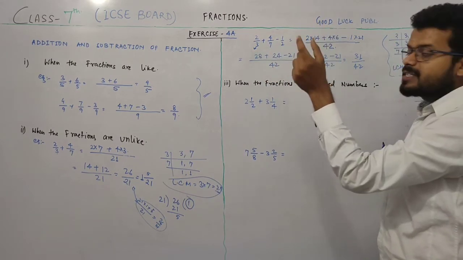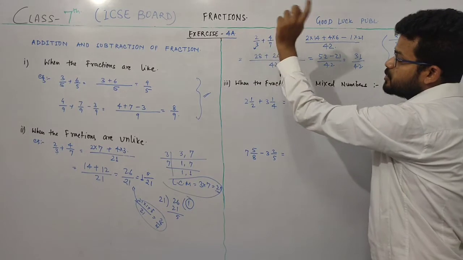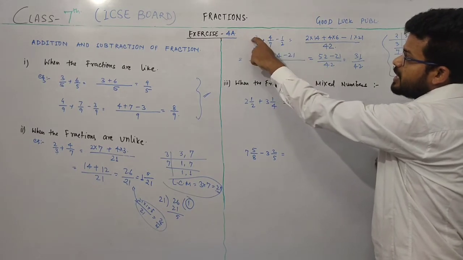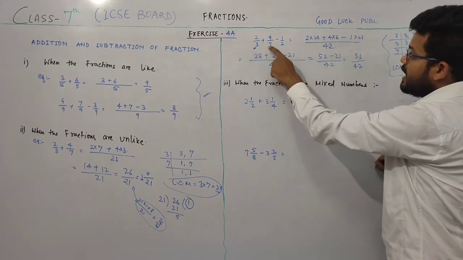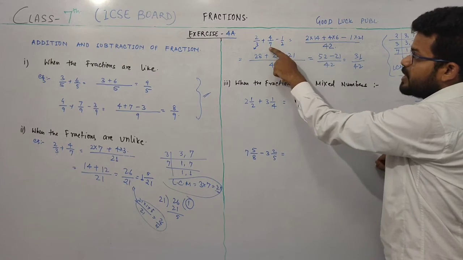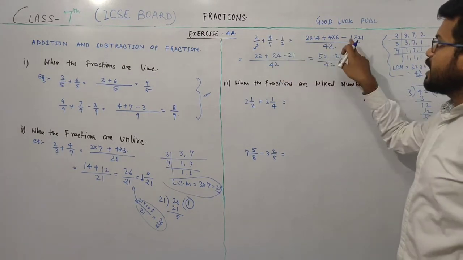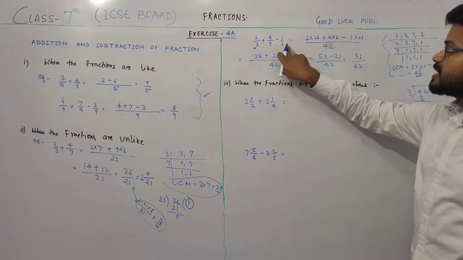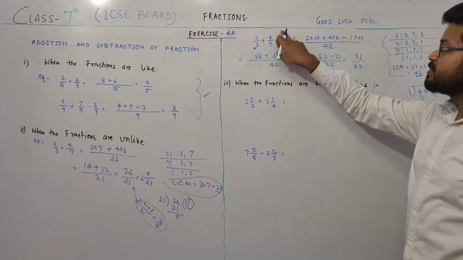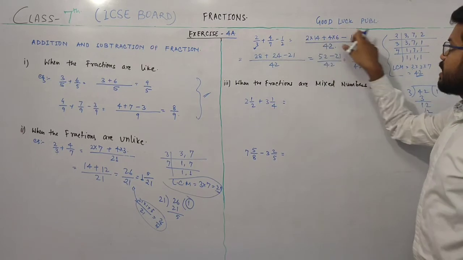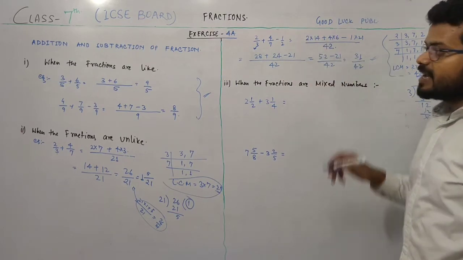Whatever result comes, multiply it with this numerator. Then again divide by the second denominator, and the result will be multiplied with this 4, and again divide 42 by this number, and multiply the result with this 1, and after that solve and get the answer.